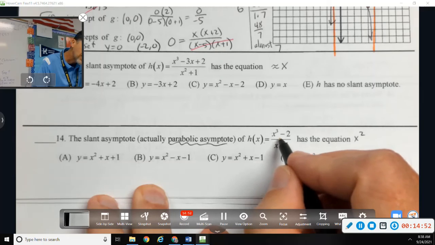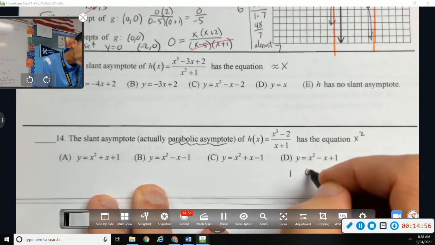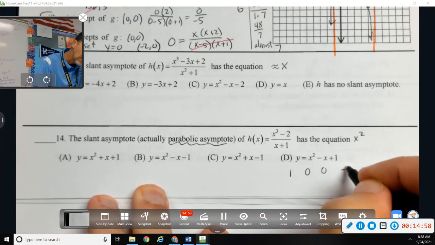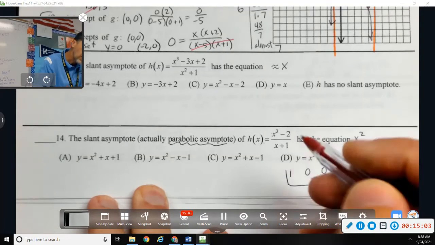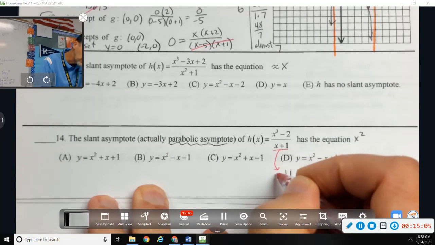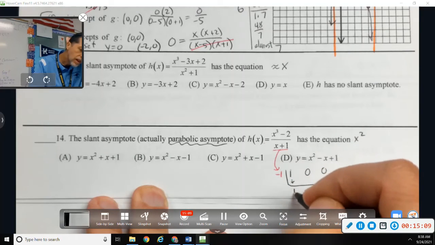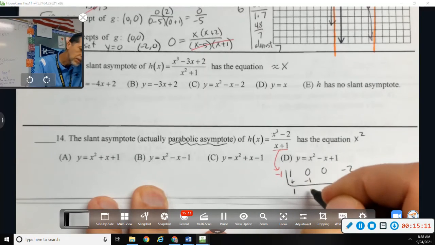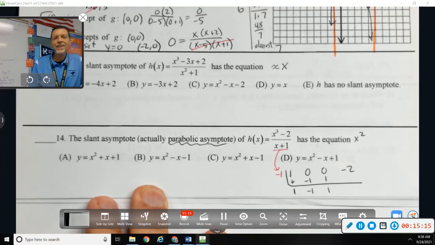Can I synthetic divide with this one? Because it's got the extra. Yep, so 1, 0, 0, negative 2. And negative 1 will be my number I divide with. Copy down the 1, multiply, add. And again, somebody noted yesterday, I can just stop there, right? Because we already know the remainder doesn't matter.